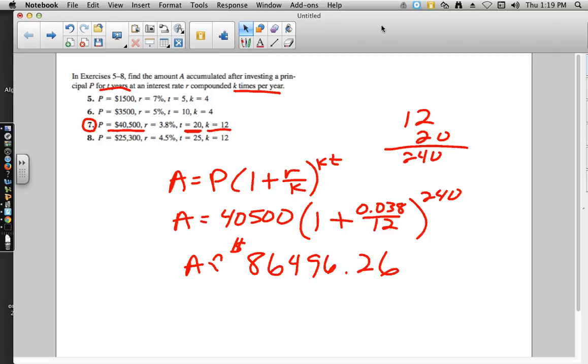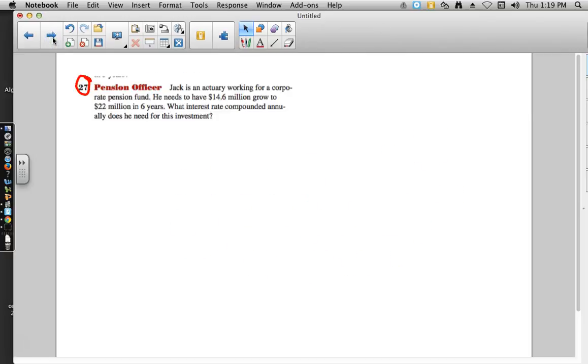Again, any bank would probably round down on that and go to 25, but your book is just rounding. So $86,496.26.